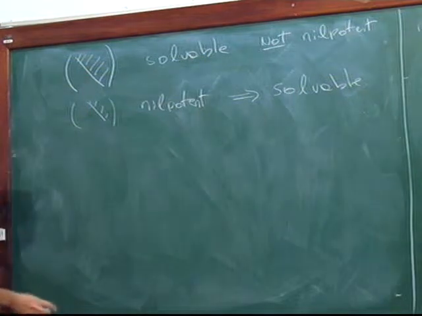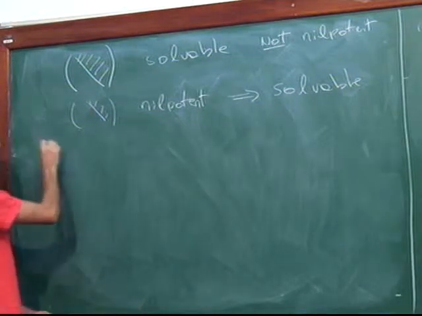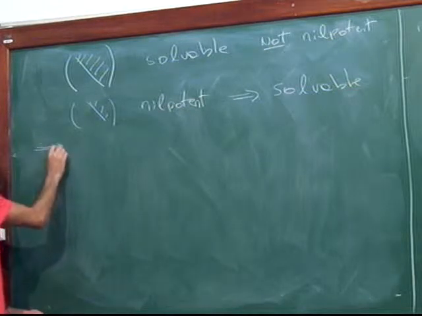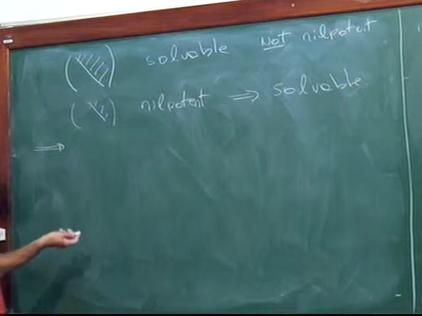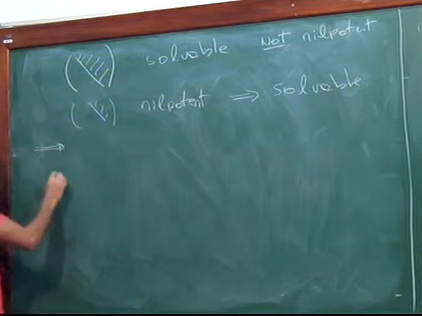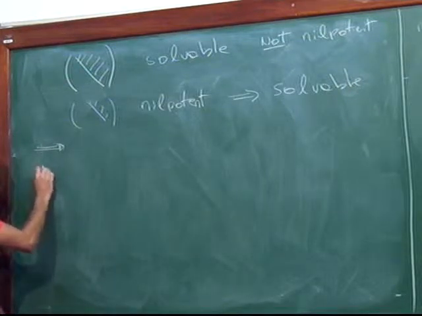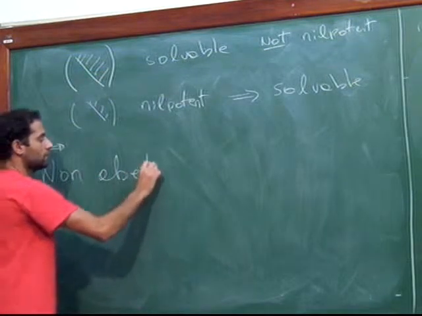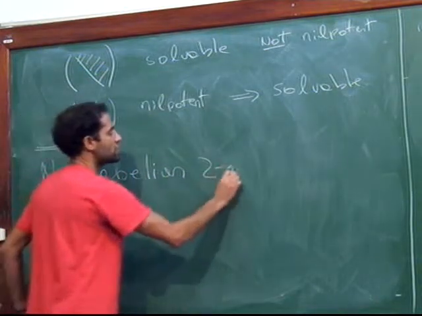This, by the way, allows me to correct something because it wasn't in your exercises last time. I didn't want to do the two-dimensional example, but let's work it out now because that's an example of a solvable one. Last time we said, okay, let's look at the non-abelian two-dimensional Lie algebra.